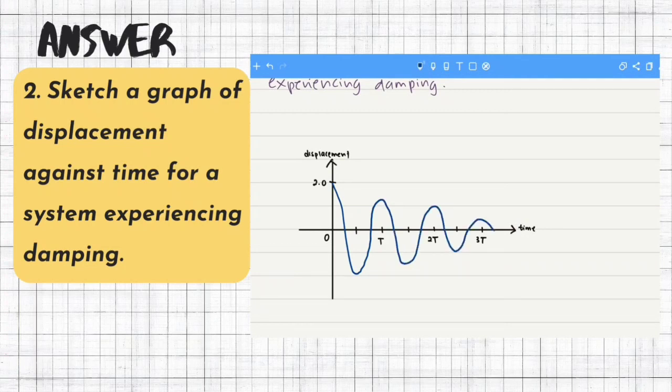And we can see that the energy and the amplitude decrease, but the period of oscillation and frequency remain unchanged.